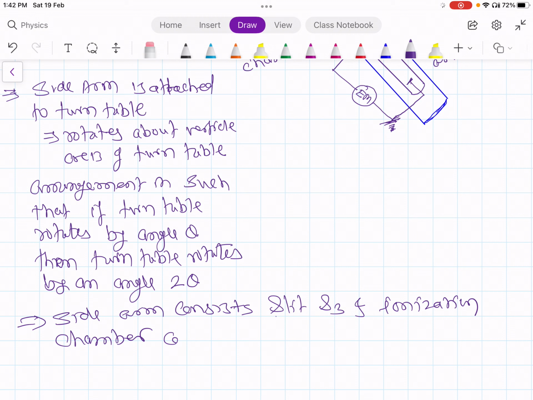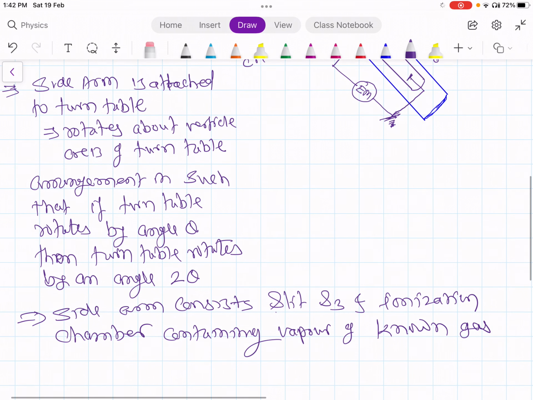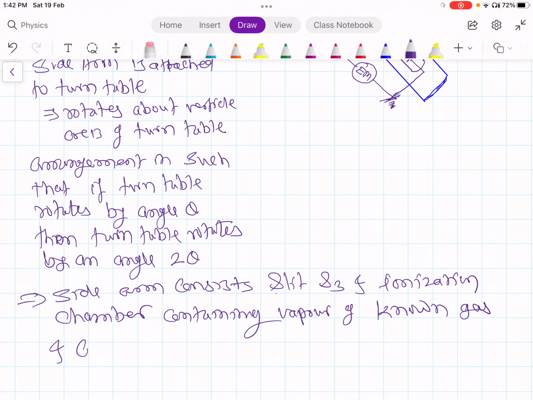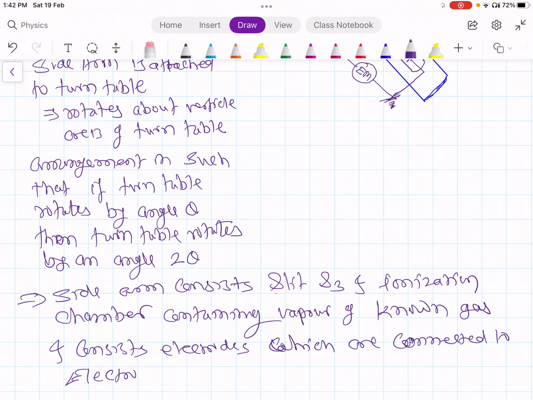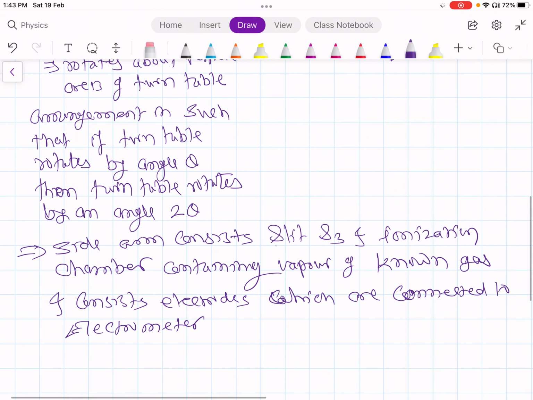The ionization chamber contains vapor of a known gas, and consists of electrodes which are connected to an electrometer. So that is the construction.